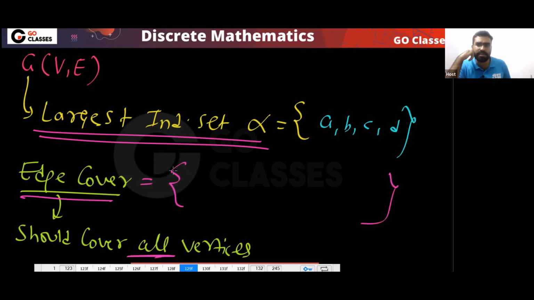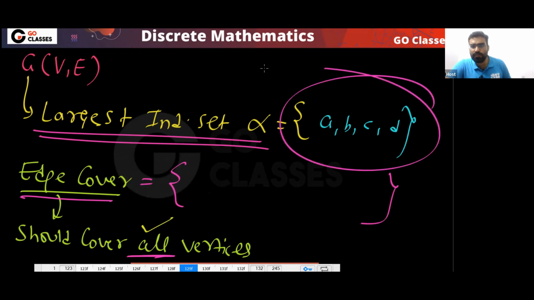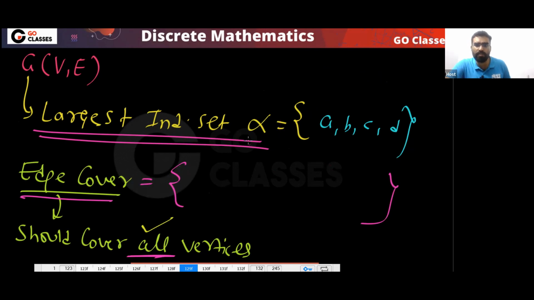So tell me, for these four vertices, at least how many edges do you need to cover them? Four, because this is an independent set.